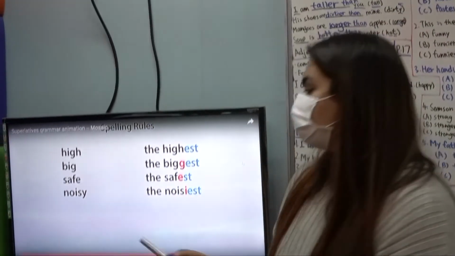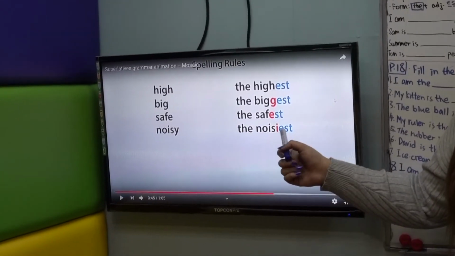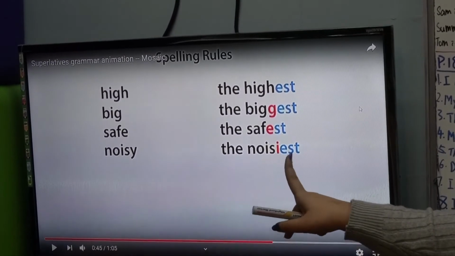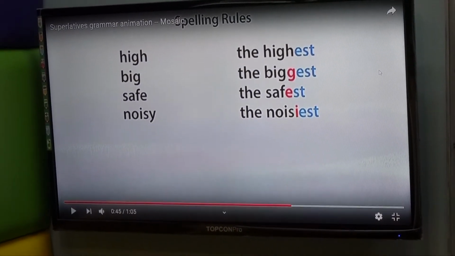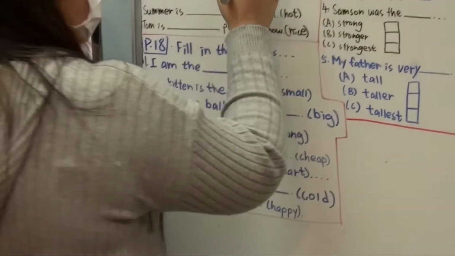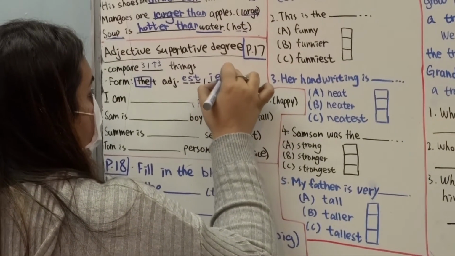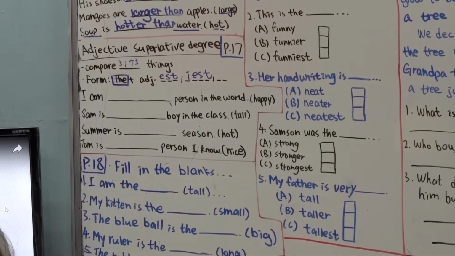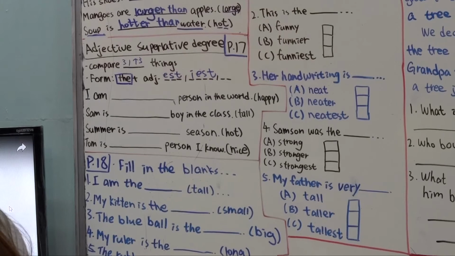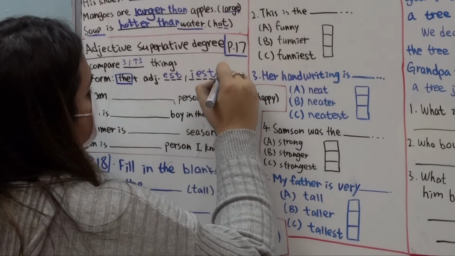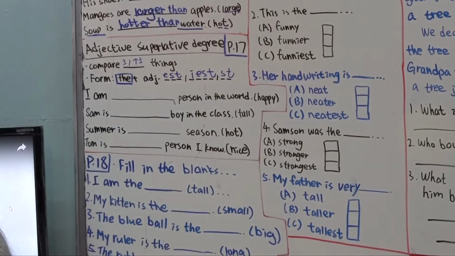So what do we add in the end? You got it. The answer is here. That is iest. How about if the adjective just ends with e? We have to just add st. Simple as that. Okay?